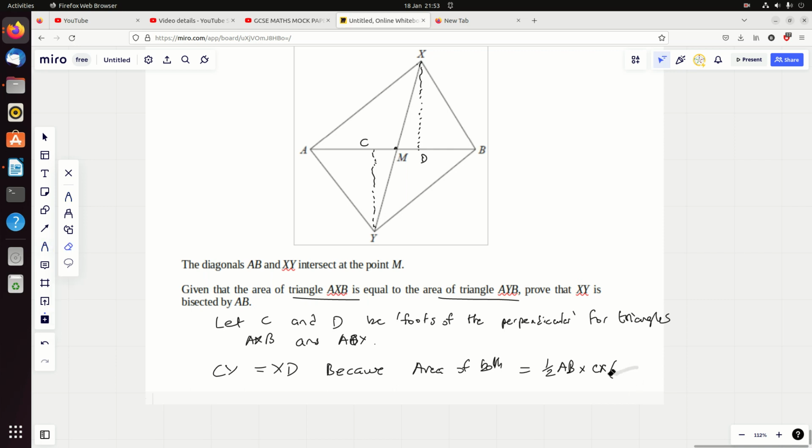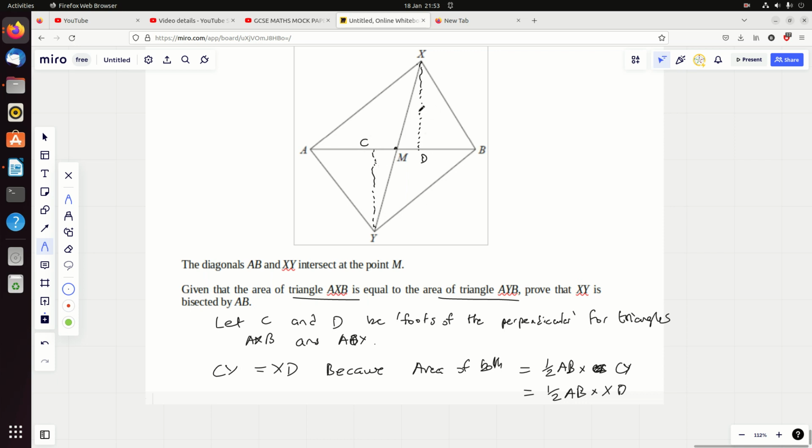It also equals a half AB times CY. Sorry, why have I got CX there? CY, but that's also the same as XD. That's why I can say CY equals XD, because the area equals that, but it also equals this, and a half AB is in both equations. Hence, you can immediately deduce that CY is XD.